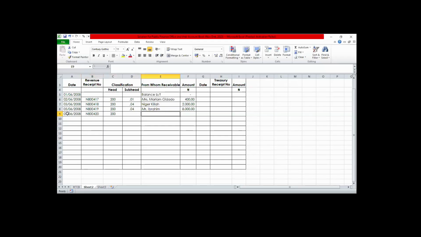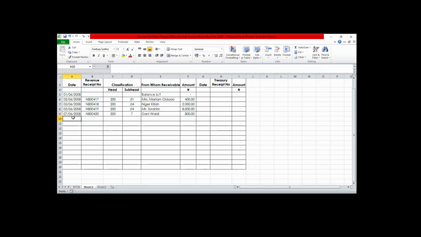Gani Waidi. What does he pay for? Court proceeding documents. What was the code for court proceeding documents? 07. How much does he pay? 800 naira.